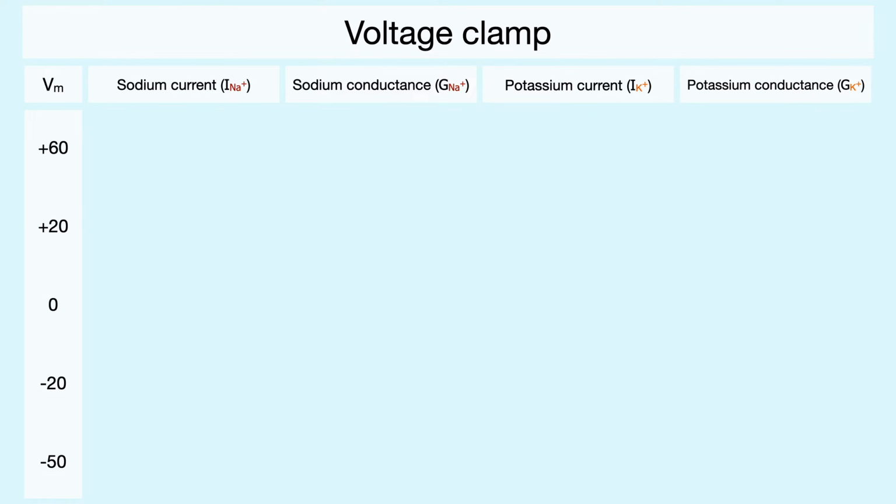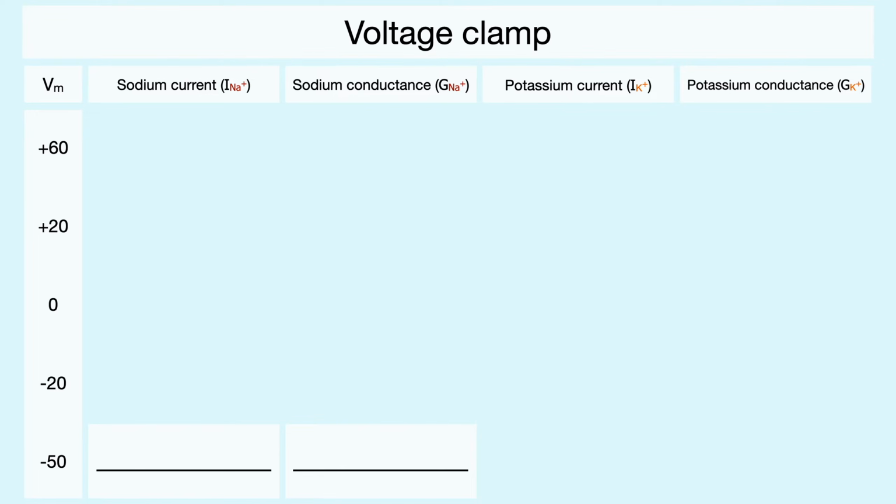Let's begin with sodium. In terms of current, we know that at negative 50 millivolts, there will be no current going through the sodium voltage-gated channels, since the threshold will not have been reached yet, and thus the channels will still be closed. Accordingly, the conductance through the channel will also be zero.